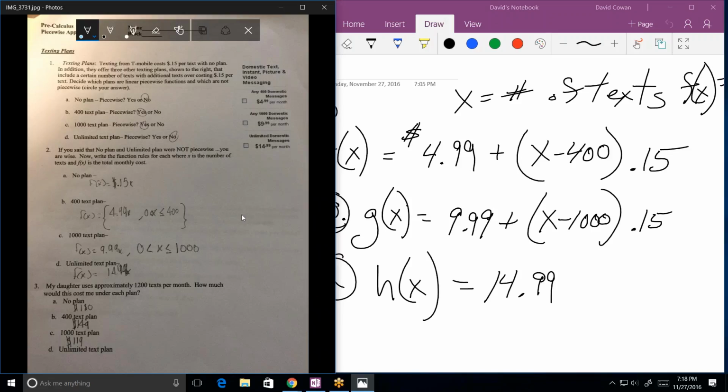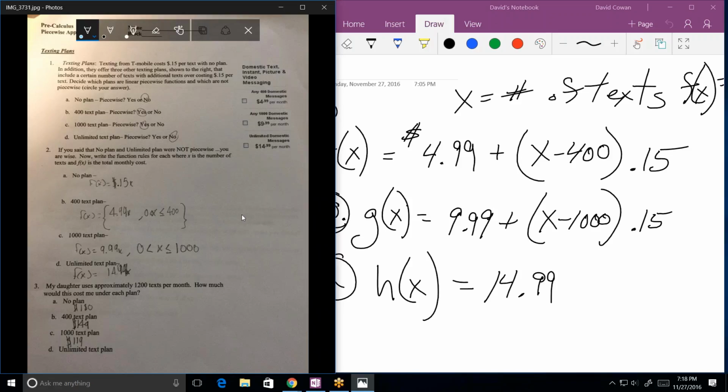124.99. Okay, so that's the answer for B. On the 1,000 text plan, what would she pay? $39.99.